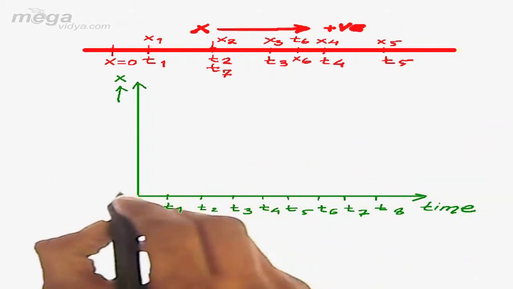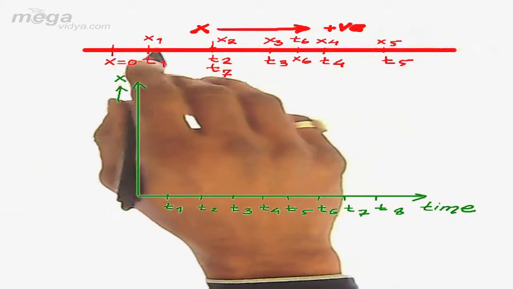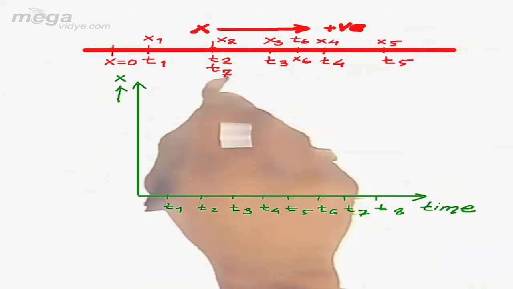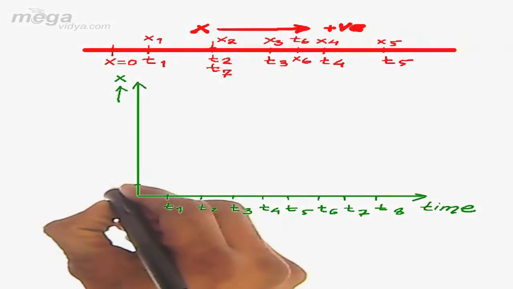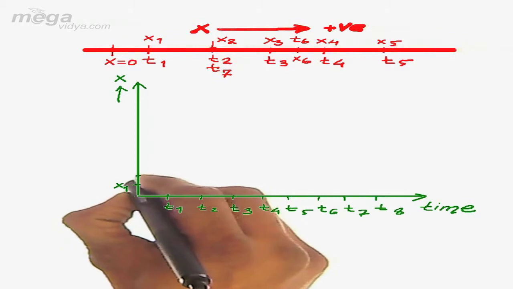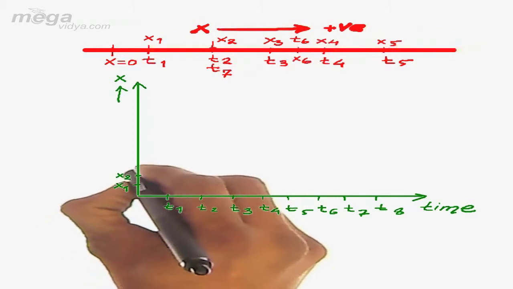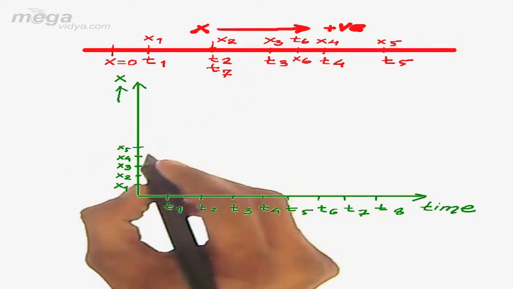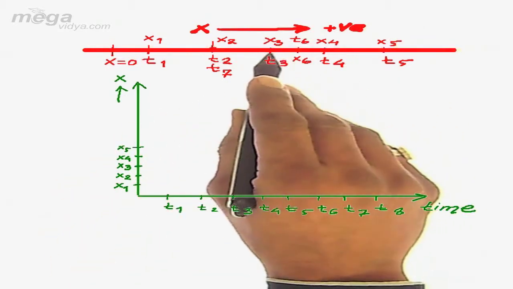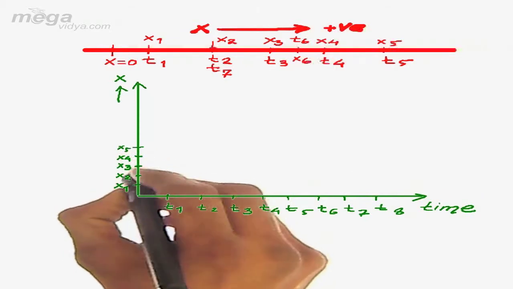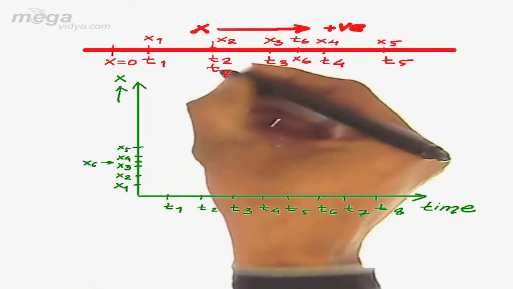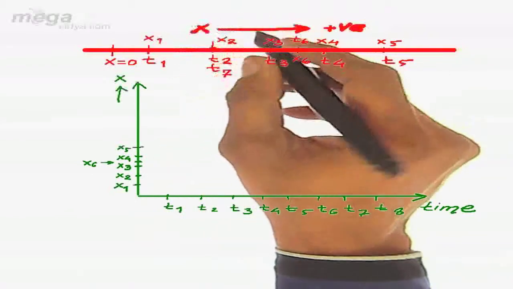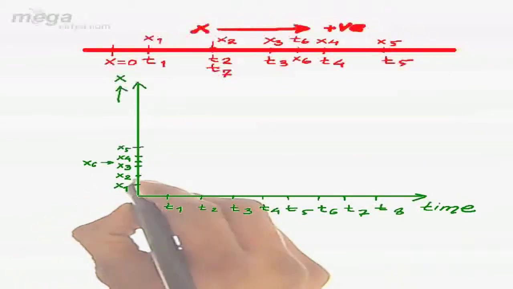Here I am marking the positions considered during the motion of this particle. Say this is position x1, this is position x2, similarly x3, x4, x5. Again between x3 and x4 there is x6, and as the particle comes back to its position x2 again, x2 I have marked already.